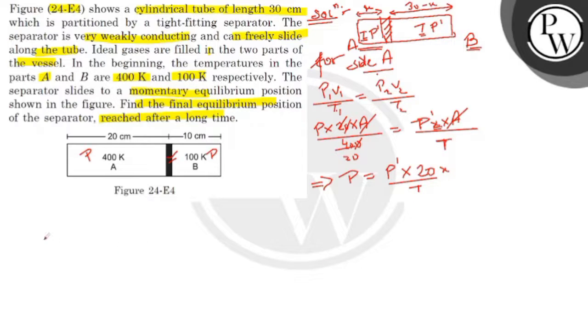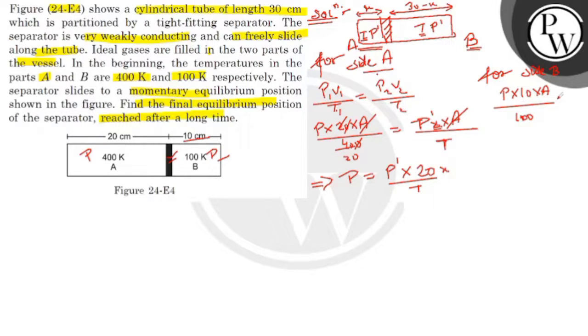And for side B, P1 is P and volume is 10 into A, divided by temperature 100 Kelvin.